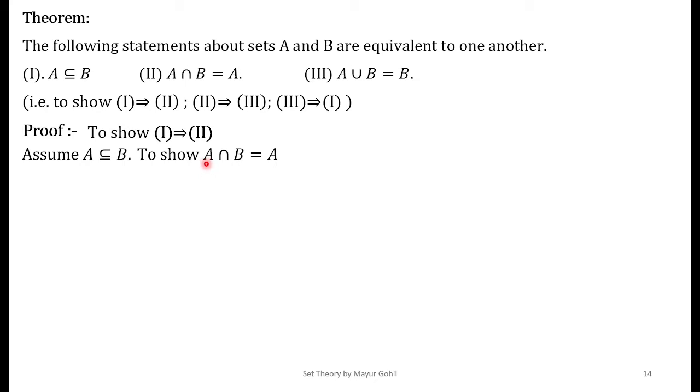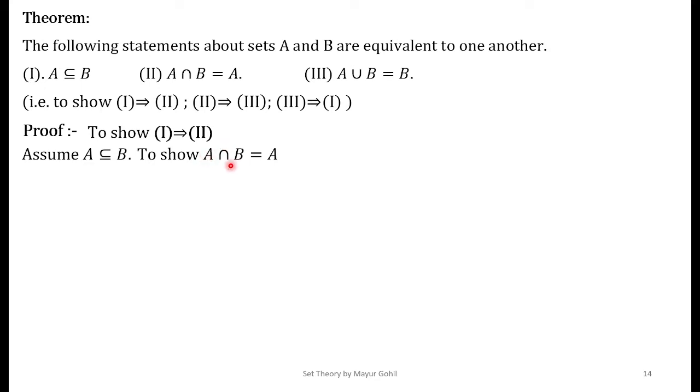A is a subset of B and B is a subset of A. Basically what it meant is that LHS is a subset of RHS and RHS is a subset of LHS. That is the time when you have this set theoretic statement to be proven, you have to prove it in that way. That was the definition of two sets being equal.